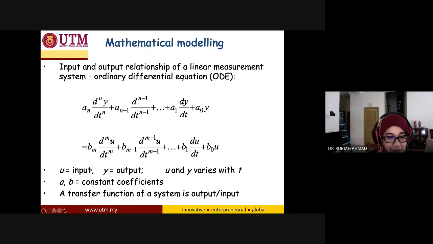In this case, u is the input, y is the output, and u and y vary with t, where a and b are the constant coefficients.